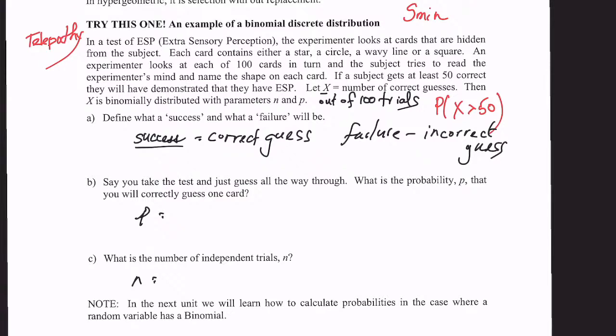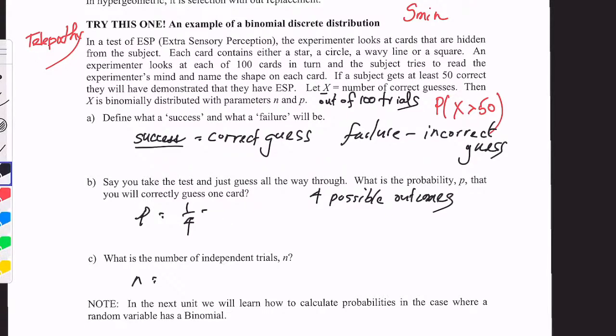Well, they're just guessing, right? And there are four possible outcomes. So we know if he's just guessing, each one has a chance of 1/4 of being right. So 1/4 or 0.25.